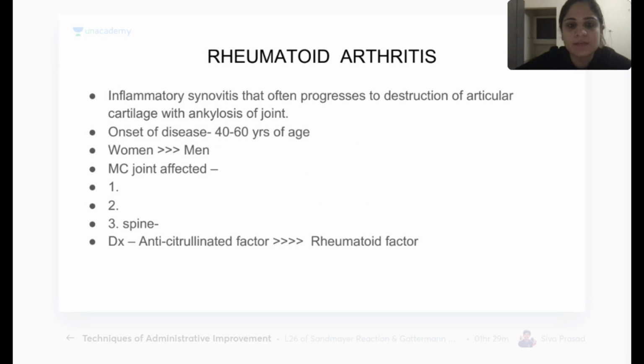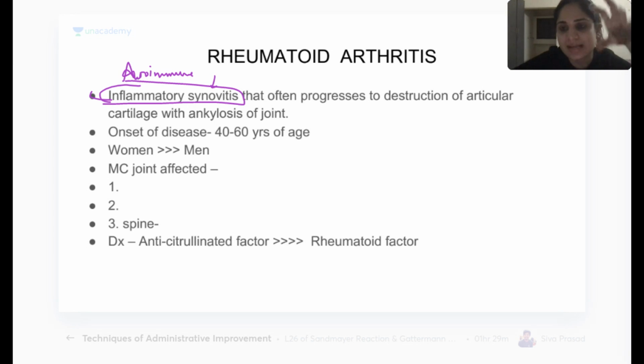Okay. Next, we have rheumatoid arthritis. So, rheumatoid arthritis is nothing but what kind of disease? Inflammatory synovitis, correct? So this is an autoimmune disease. So you have antibodies developing against the synovial lining of the joint. As a result of this, the synovial lining becomes inflamed and it stops producing synovial fluid.